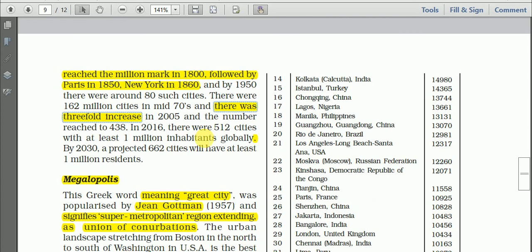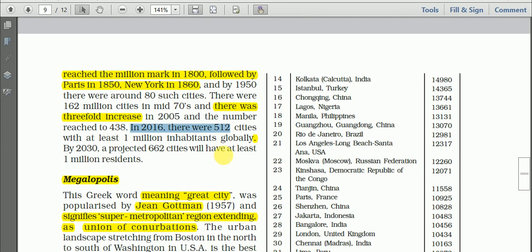In 2005 the number of million cities reached 438, and in 2016 there were 512 million cities in the world, with at least 1 million inhabitants.